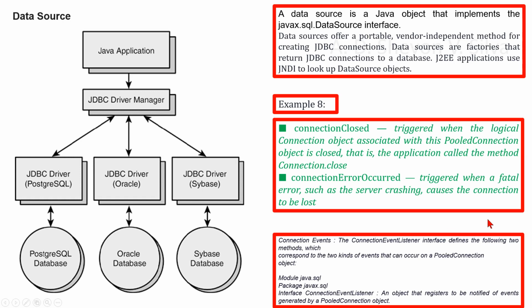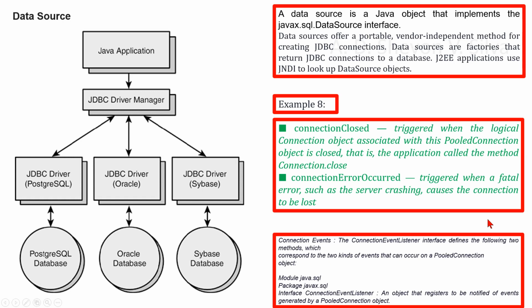When the JDBC application closes its logical connection, the JDBC driver notifies the connection pool manager, the listener, by calling the listener's implementation of the method connectionClosed. At this point, the connection pool manager can return the PooledConnection object to the pool for reuse.